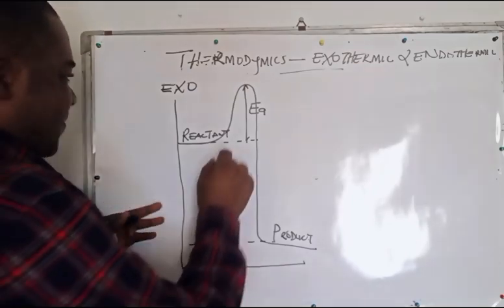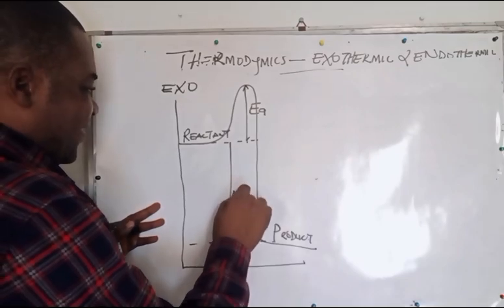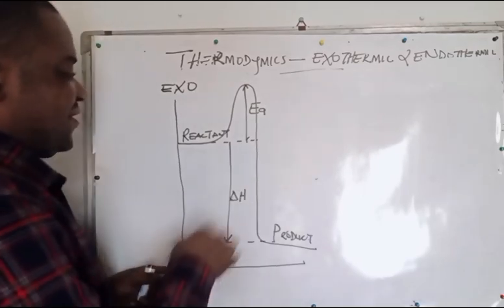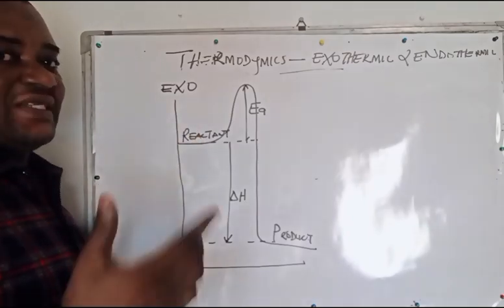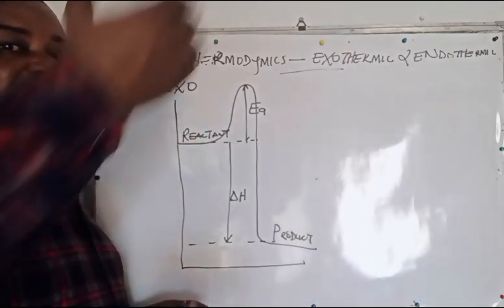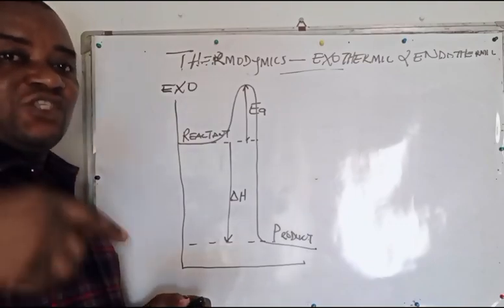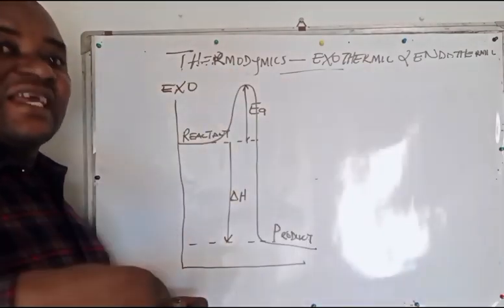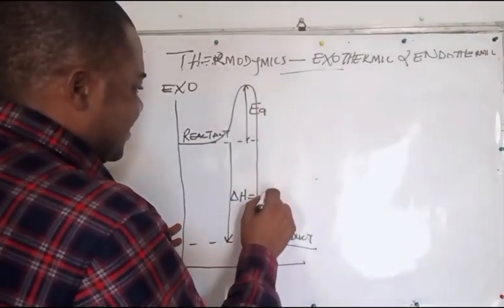So, from here to here is your delta H. Delta H means change in enthalpy. And for this exothermic reaction, we said heat is given out to the environment. So the system is doing work on the environment. So there's a negative work done. Therefore, our delta H becomes negative.